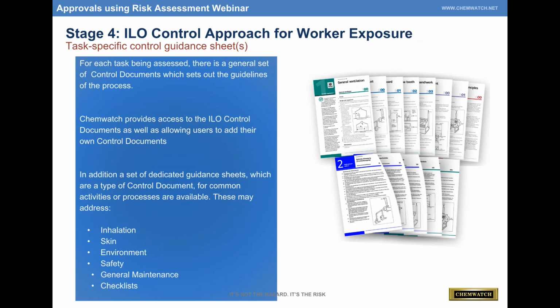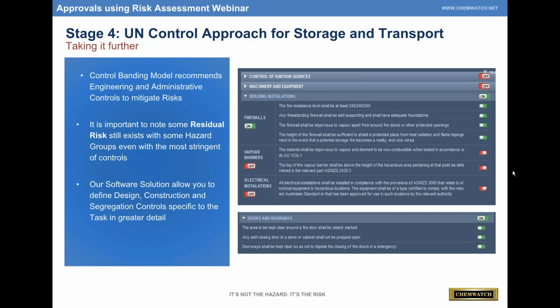So for instance, if it says ventilation only, maybe you have to rotate workers in and out. You may have to do specific types of ventilation. The other stage is you look at the same substance with the same frequency of use, and then with our software, you're able to look at what we call the UN control approach for storage and transport.